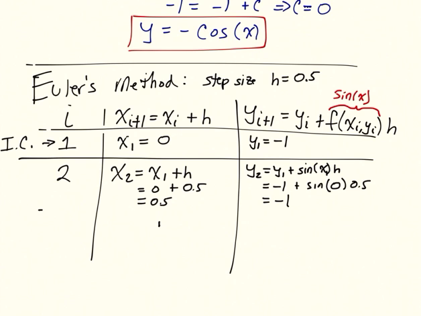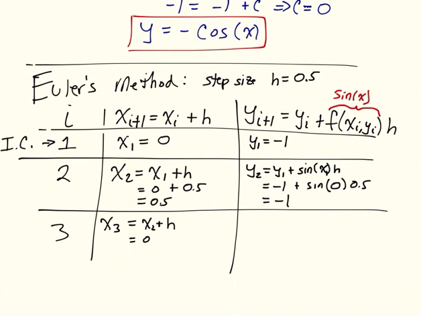So I'm going to draw another line and we'll do the next point in our solution. Now if we set i equal to 3, we're going to solve for x3, and that's going to be based on x2 plus h, which is equal to 0.5 plus 0.5, which is just equal to 1.